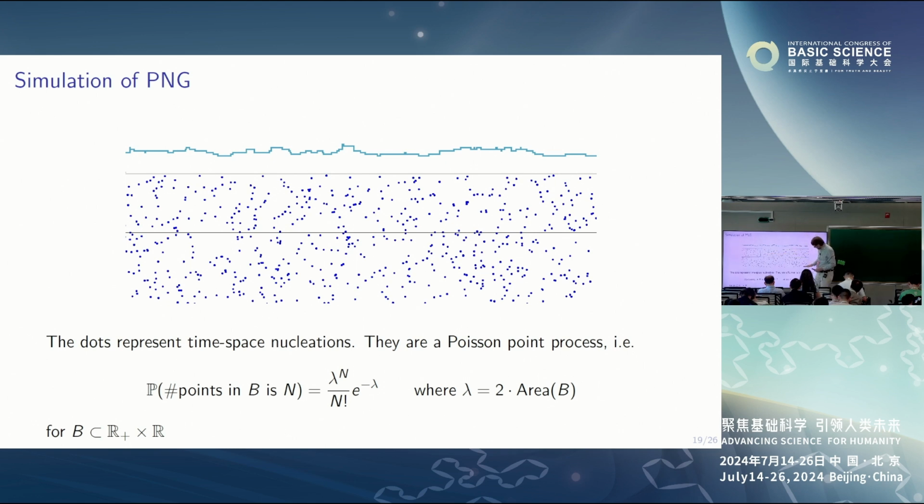At time 0, we started here, and let's say the interface, the height function, was flat. When time evolves, this horizontal line moves up. When this horizontal line crosses a blue dot, then a nucleation appears: this unit step up and down appears at this location above the height function. So if you run PNG from time 0 up to here, then the height function will look like this.